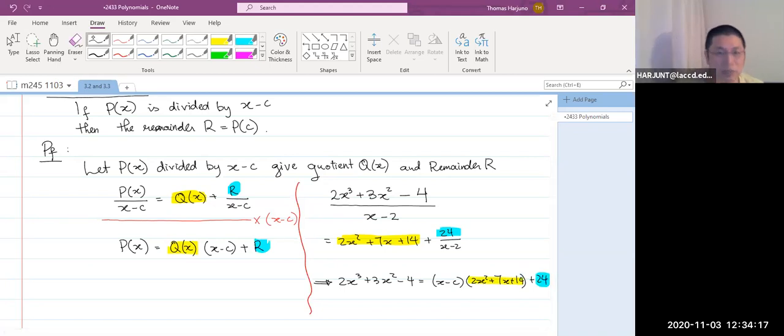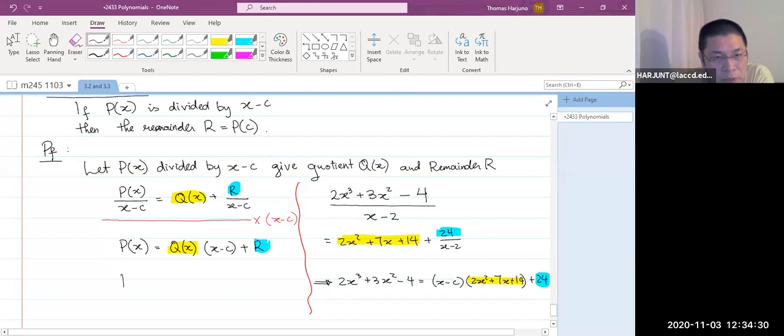Now, what this theorem says is the following. If you want to find the remainder, you can just plug in c into x. Notice that P(c) equals q(c) times c minus c, plus r. Now the thing is, this is equal to 0.